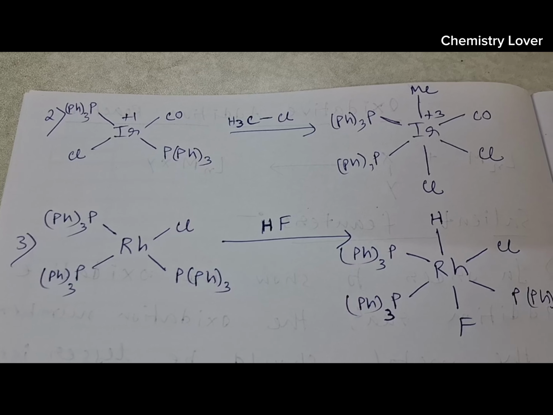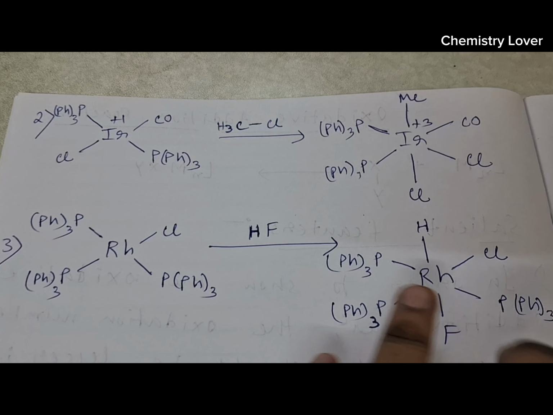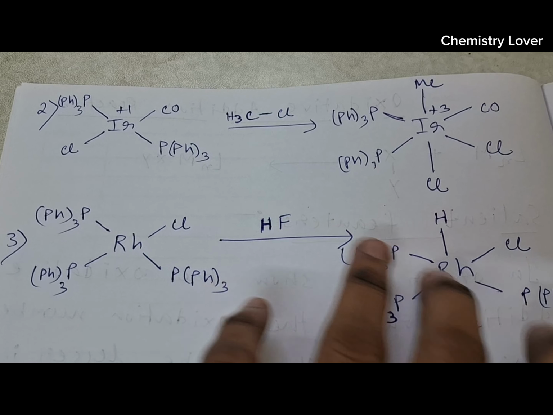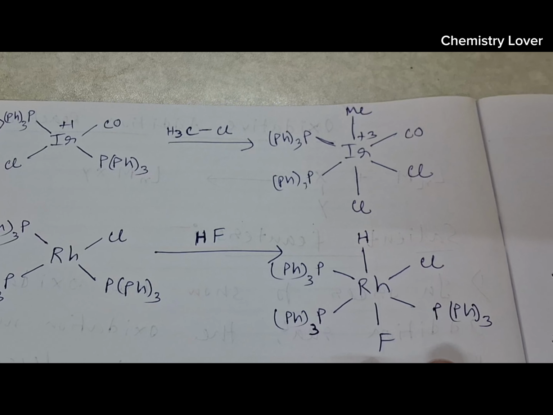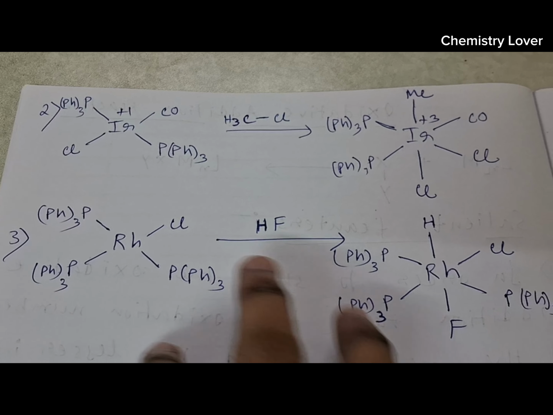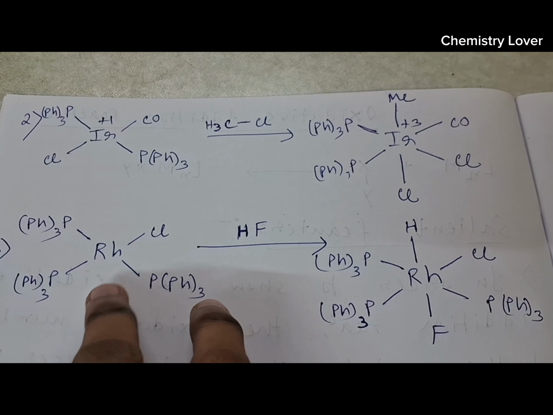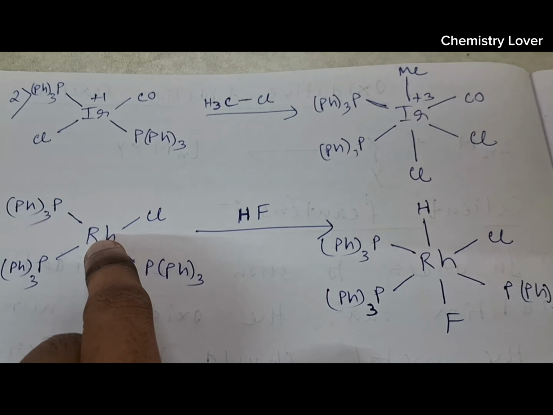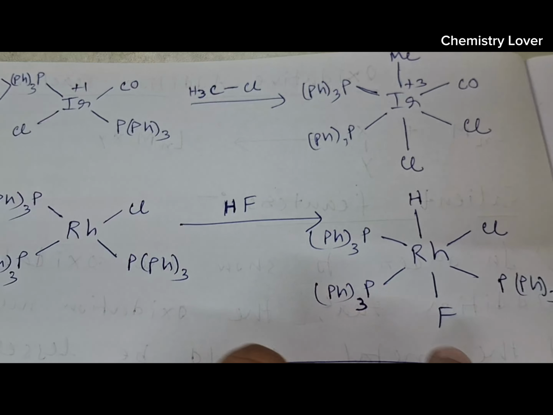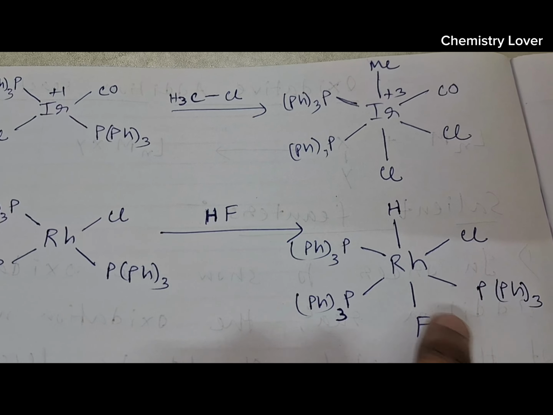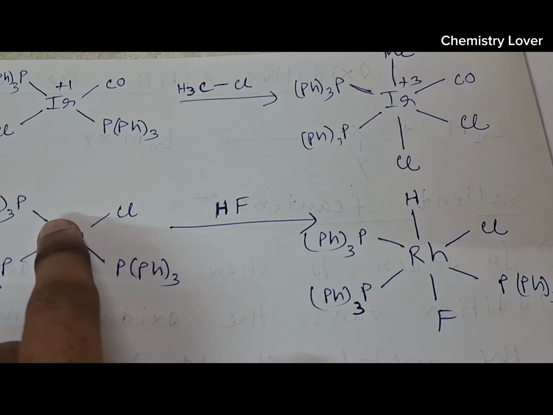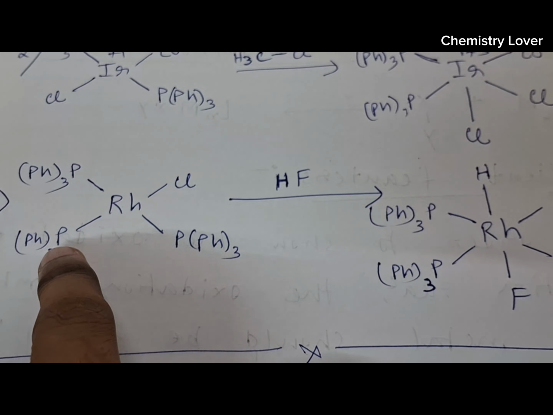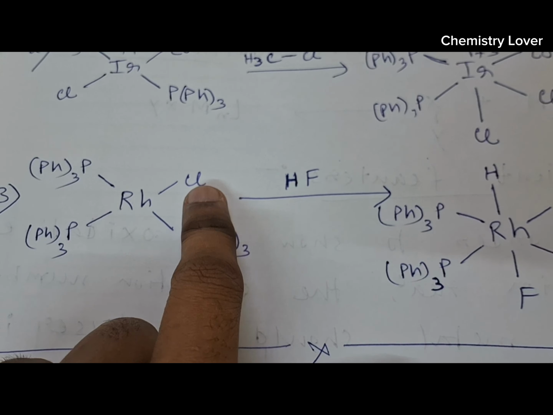HF is basically a polar compound, thus trans addition takes place. The coordination number increases from 4 to 6, and the oxidation number of the metal center increases from +1 to +3. The rhodium has +1 oxidation number because the triphenyl phosphines are neutral ligands, but Cl has a negative charge.